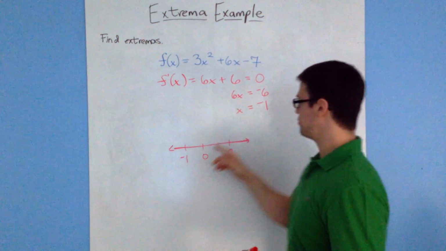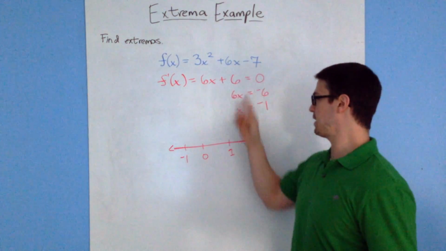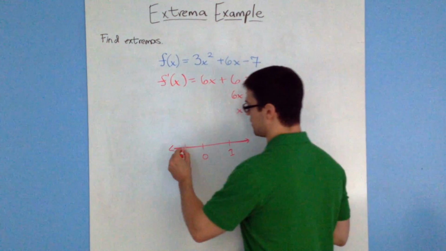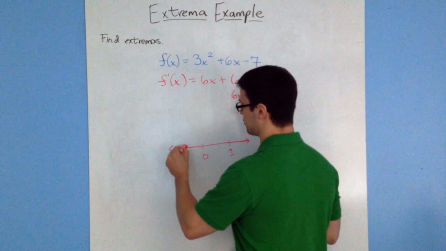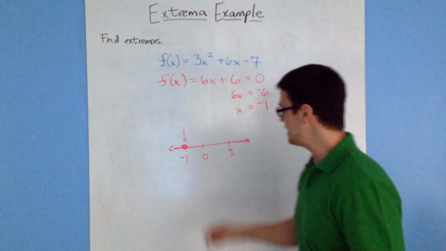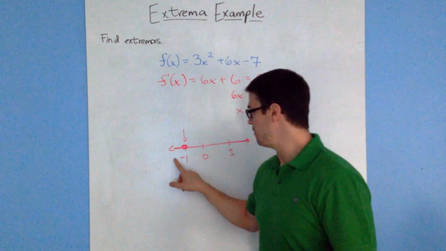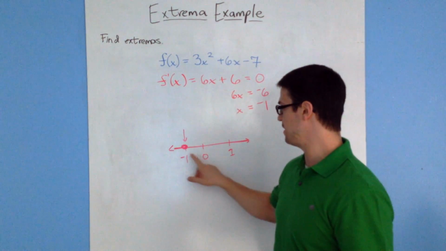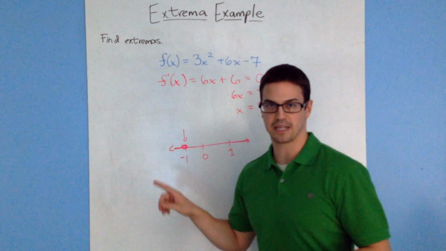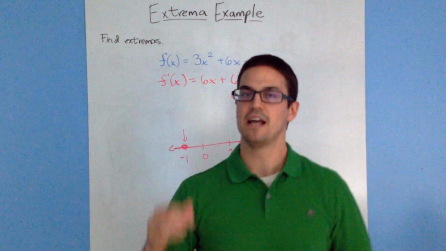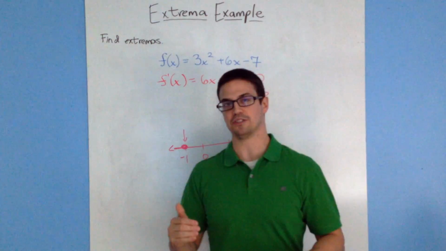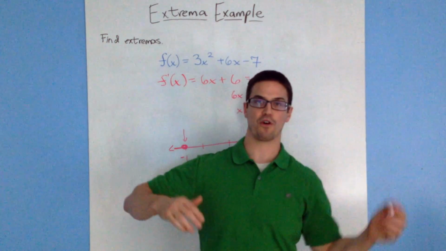According to the derivative being equal to 0, x at negative 1 should be a critical number. So that means if I test this side of the derivative and this side of the derivative, it should change, because at relative mins and maxes, the derivative will change. Okay, it'll go from positive to negative or negative to positive.